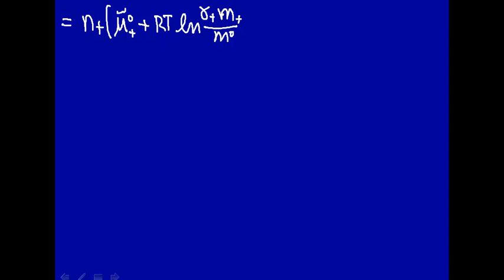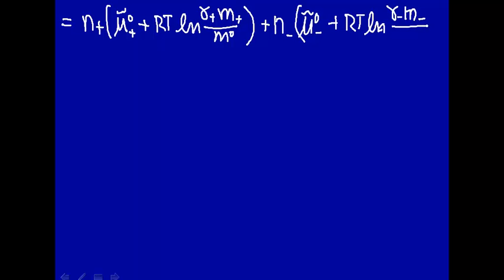So here our standard state, this 0, refers to 1 molar concentration, plus the number of the negatively charged species times their standard state electrochemical potential, plus RT times the natural log of the activity coefficient of the negative species times their molal solution concentration divided by standard state.